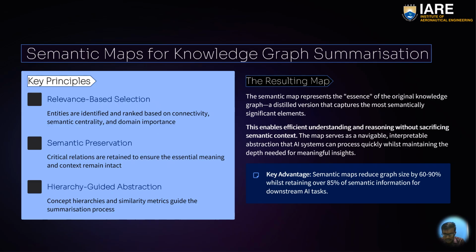The semantic maps reduce graph size by 60 to 90%, whilst retaining over 85% of semantic information for downstream AI tasks. Hence, this is the concept of semantic maps implemented for knowledge graph summarization.